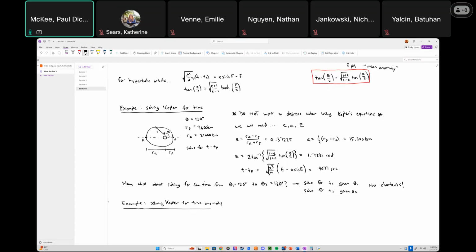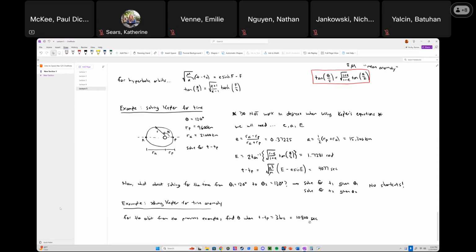And this will be on the homework. For the orbit from the previous example, find theta when t minus tp, or time since periapsis, is 3 hours, or 10,800 seconds.